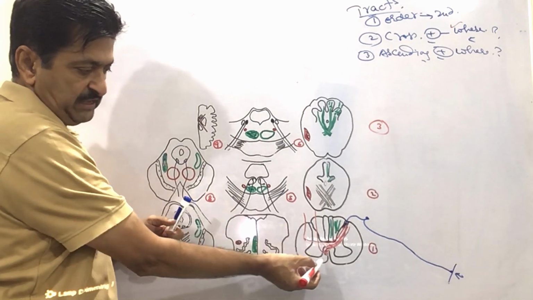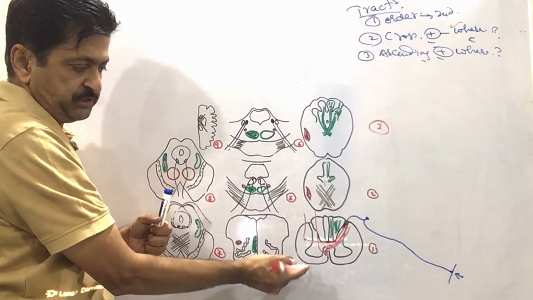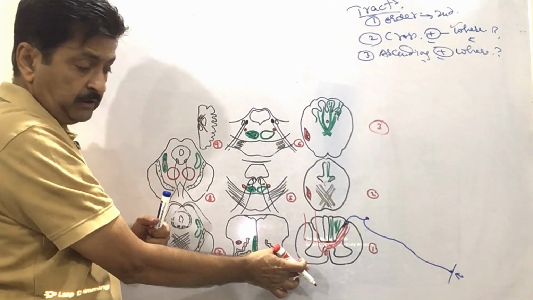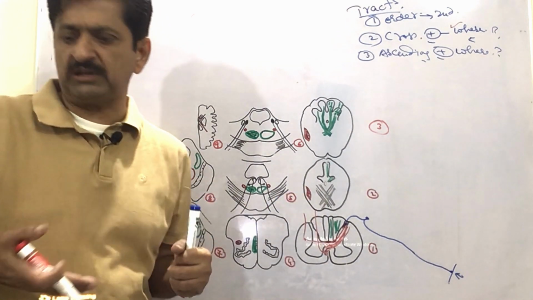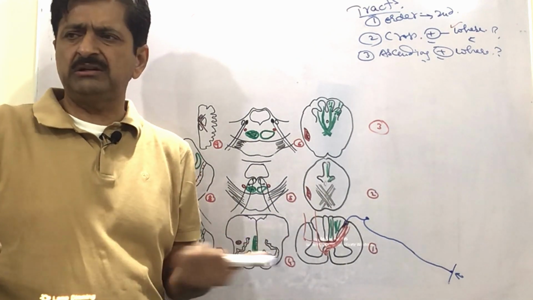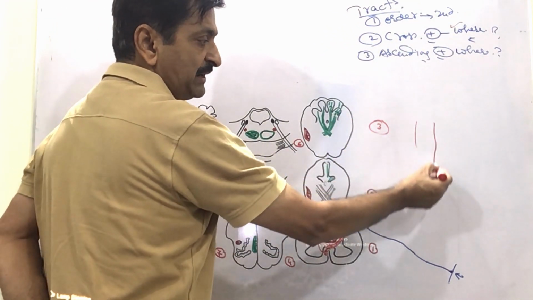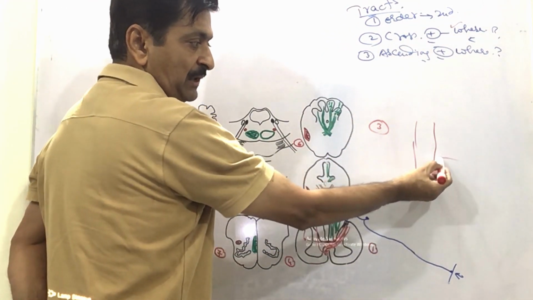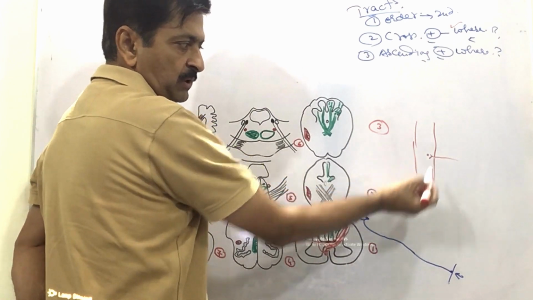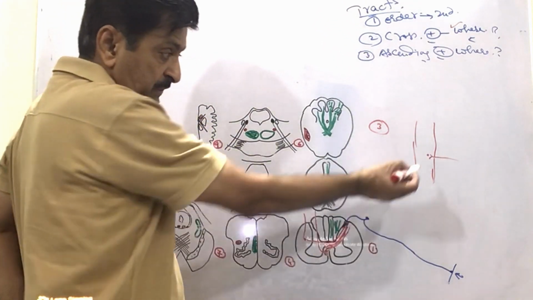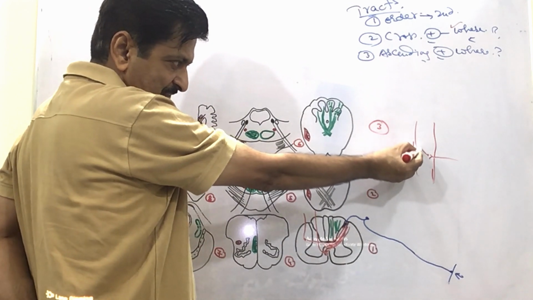But this is running now. Which section of the spinal cord is here? In which segments it will ascend depends on which segment they have entered. When they enter the spinal cord, they run and end up in the substantia gelatinosa, but their crossing is usually oblique like this.